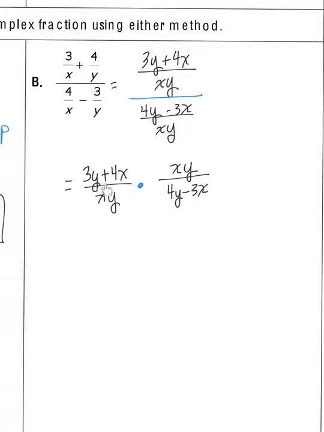And then you're going to factor. Well, I can't factor this, and the monomials cannot be factored. So you can just start canceling this x with this x, this y with this y, and that leaves you with 3y plus 4x all over 4y minus 3x. And of course you have some restrictions.